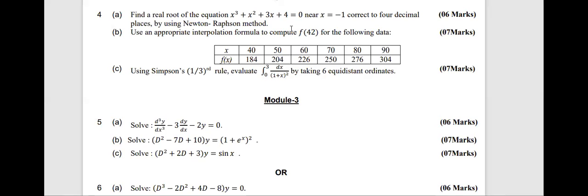Question number 4a. Find a real root of the equation x cube plus x square plus 3x plus 4 equal to 0 near x equal to minus 1, correct to 4 decimal places by using the Newton-Raphson method.